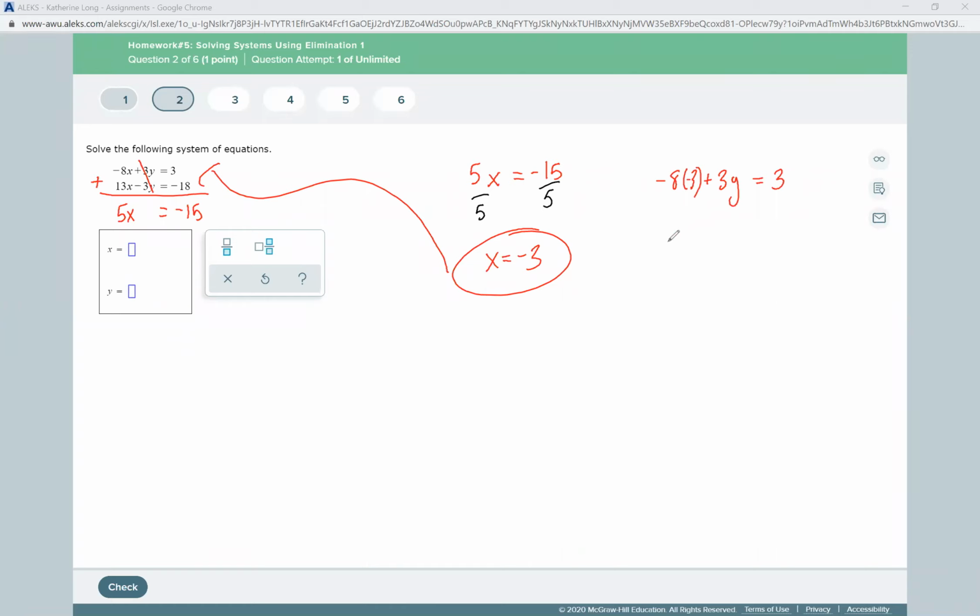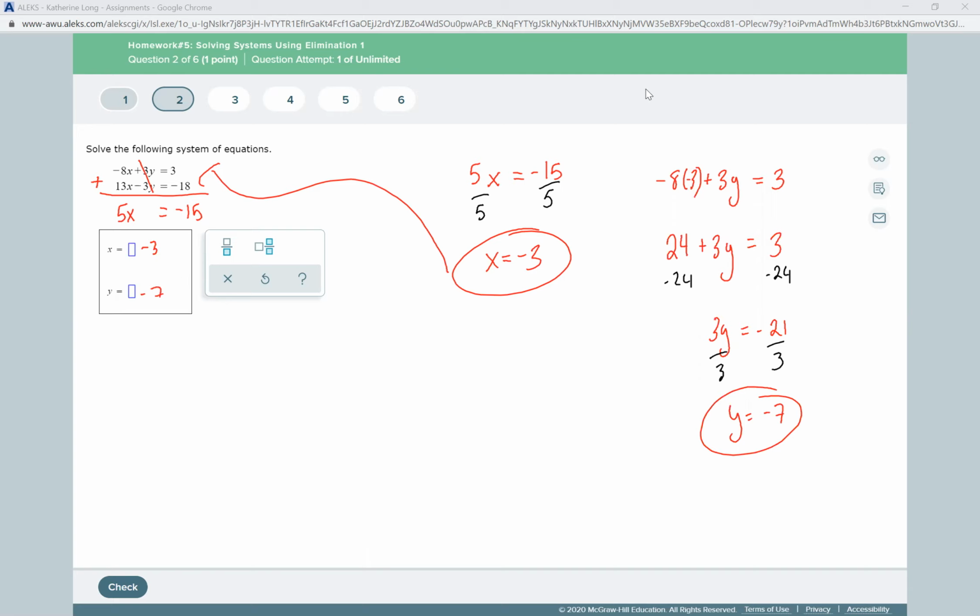Negative 8 times negative 3 is a positive 24, plus 3y equals 3. I'm going to subtract 24 from both sides. Okay, and I have 3y is equal to negative 21. Finally, I'll divide by 3, and I'm left with y equals negative 7. So my solution is x equals negative 3 and y equals negative 7.